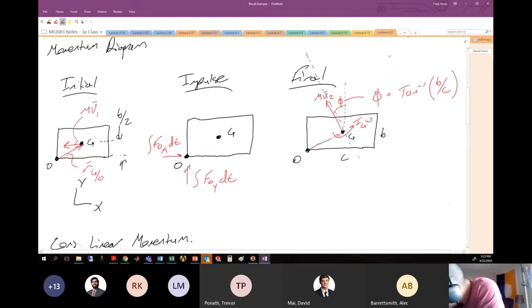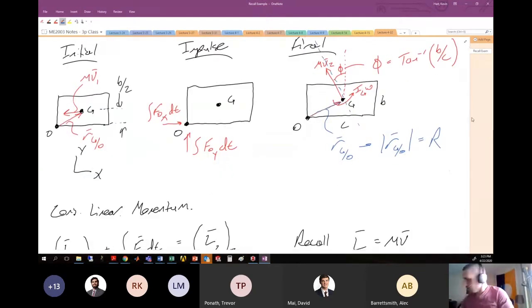Here would be the position vector that locates G from O. The magnitude of this position vector, let's call capital R. Using trig and the Pythagorean theorem, you could come up with an expression for R: R is the square root of b on 2 squared plus c on 2 squared.